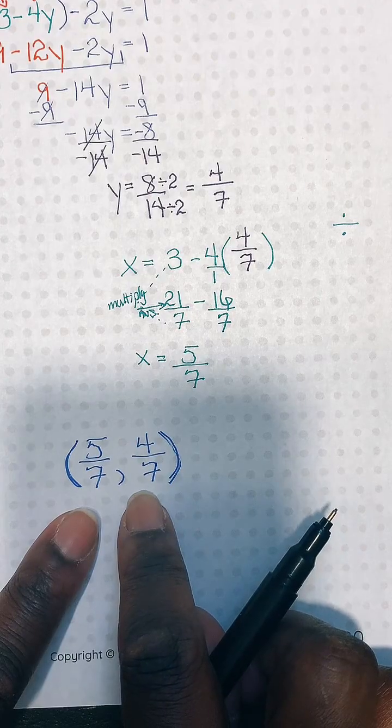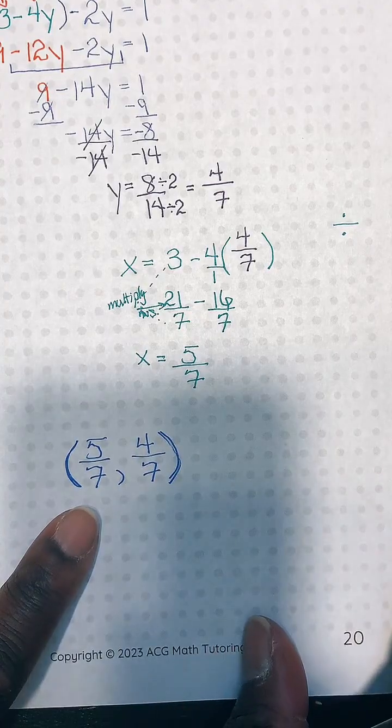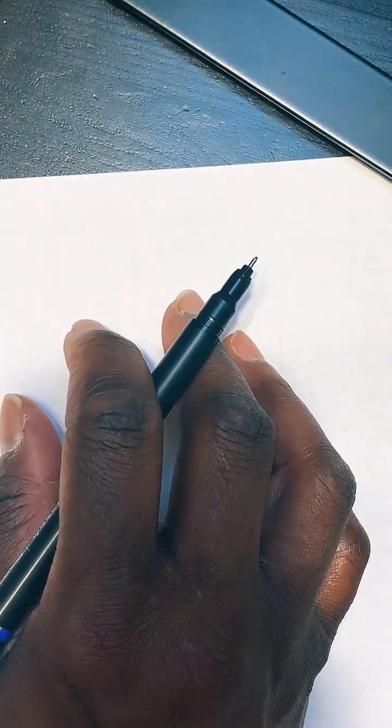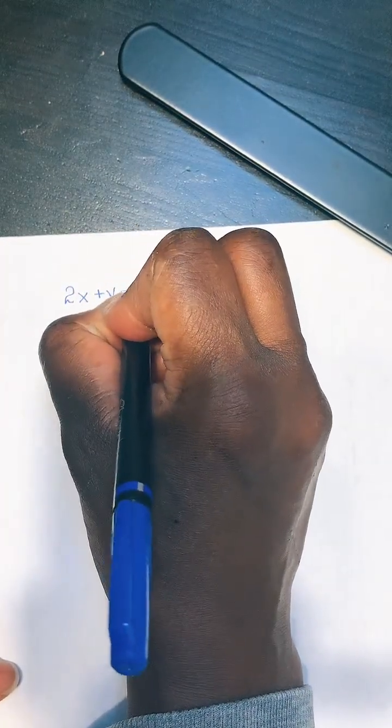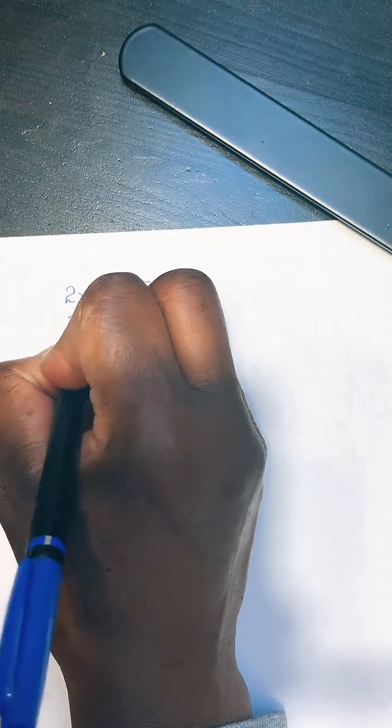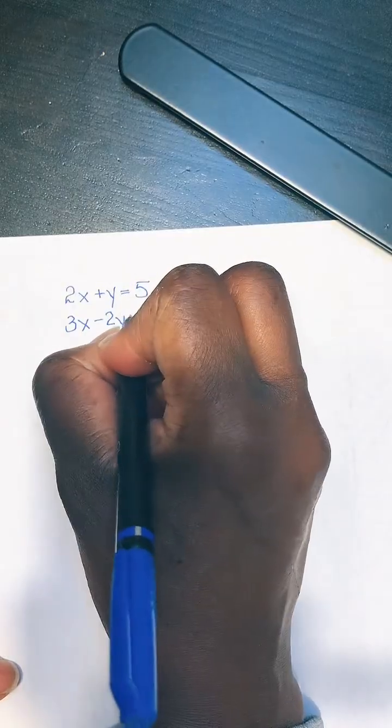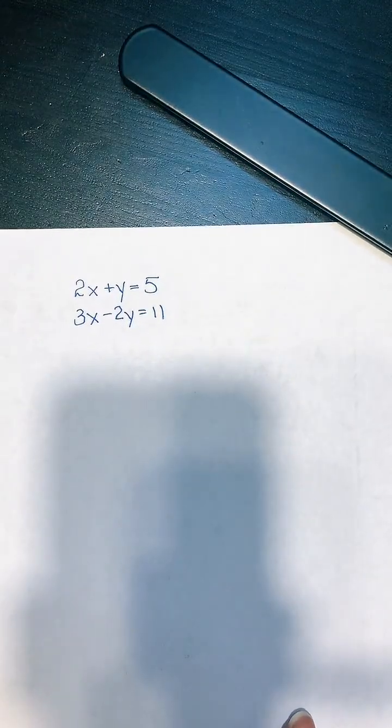Let's see if we can do one more. So if I have 2x plus y equals 5, and then we have 3x minus 2y equals 11.